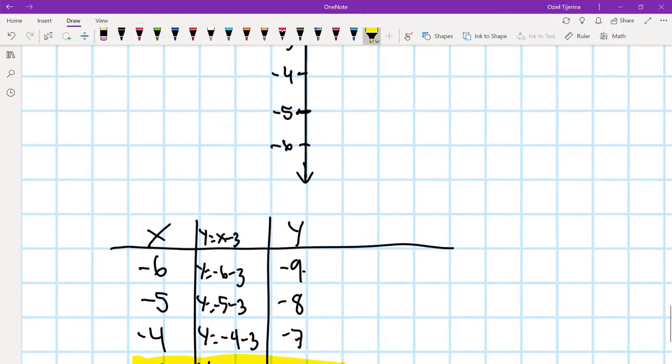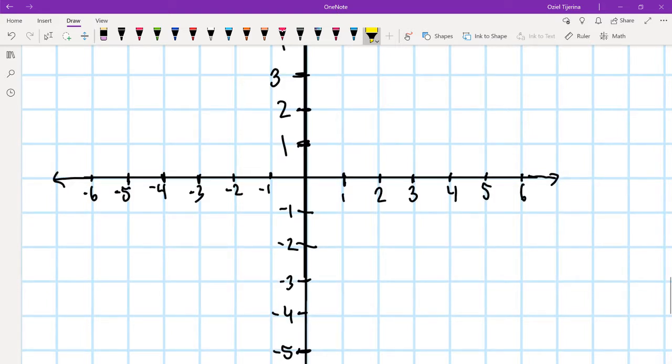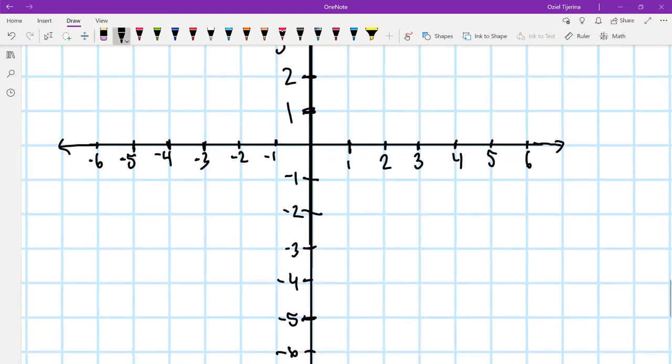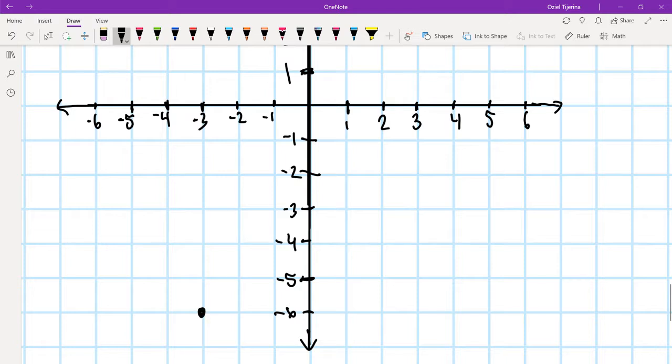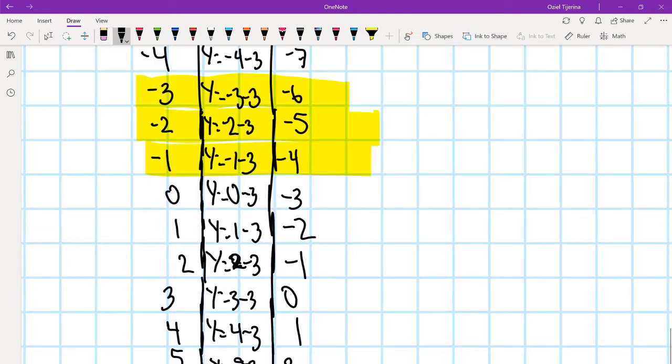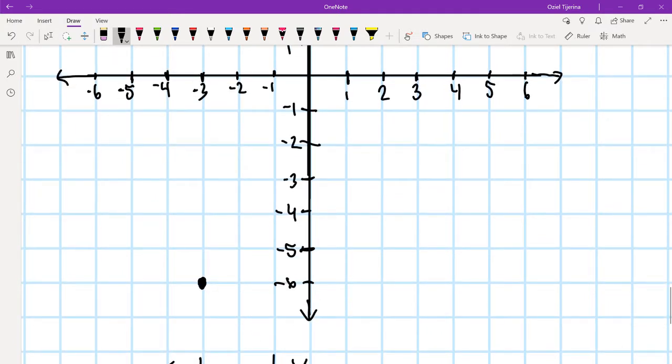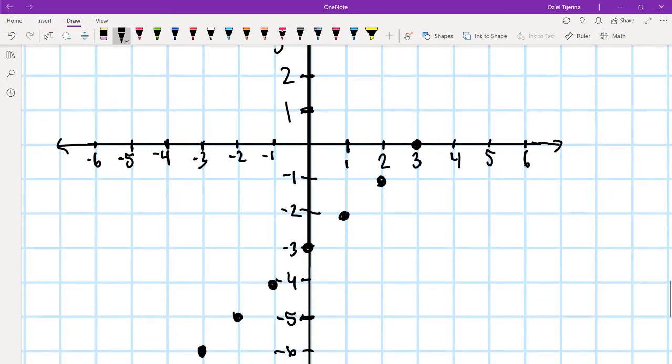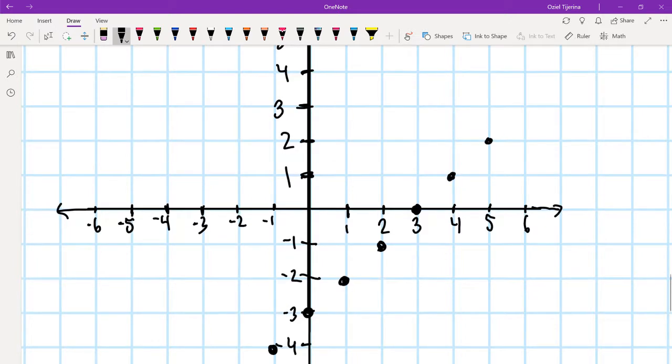So we have -3, -6, -2, -5, -1, -4, 0, -3, 1, -2, 2, -1, 3, 0, 4, 1, 5, 2, and 6, 3.